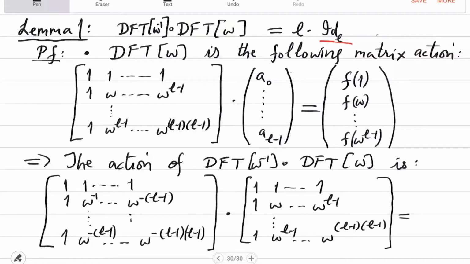With some practice, you will be able to see that the first row, the all-ones row, multiplied by the first column of the second matrix clearly gives L, but the inner product of the first row with the second column is the sum of 1, omega, omega square, up to omega to the L minus 1.